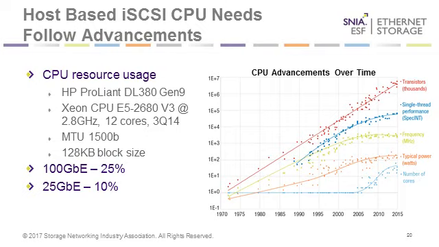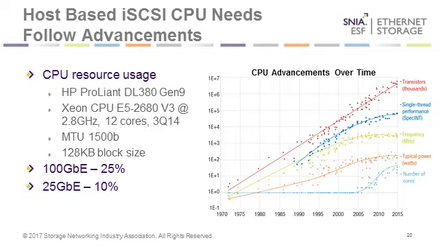But CPU resources are definitely consumed by host-based iSCSI. How much depends on a lot of factors. First of all, the CPU technology, obviously the speed of the Ethernet port, the size of the message blocks, and the frequency of the traffic, meaning how constant it is.